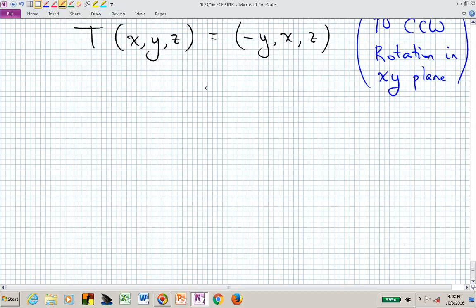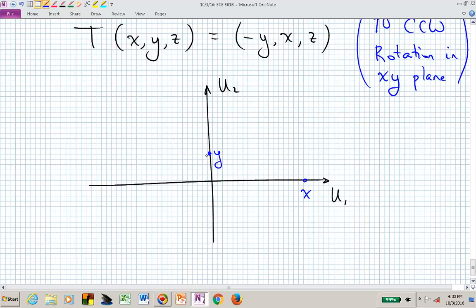Where if we take the following picture, let's say this is now U1 and this is U sub 2, suppose that we start over here at x and we start here at y.